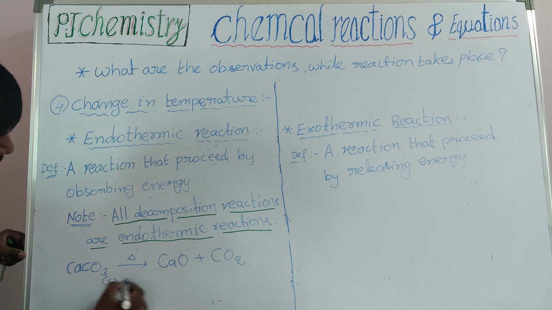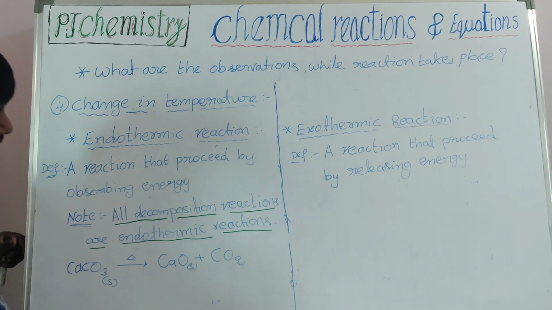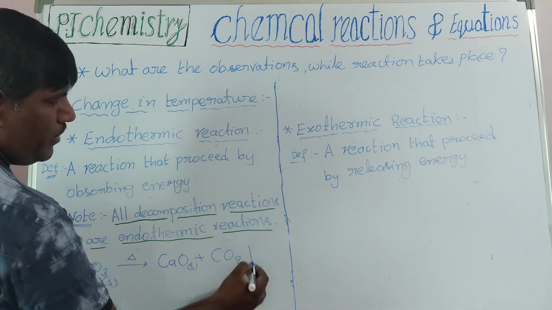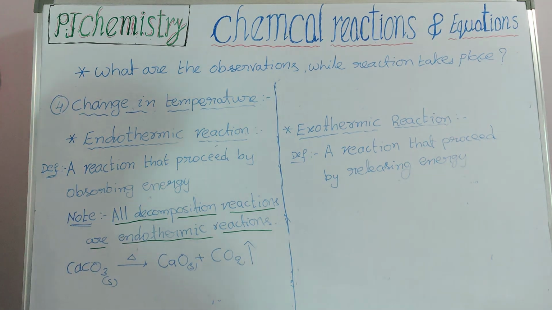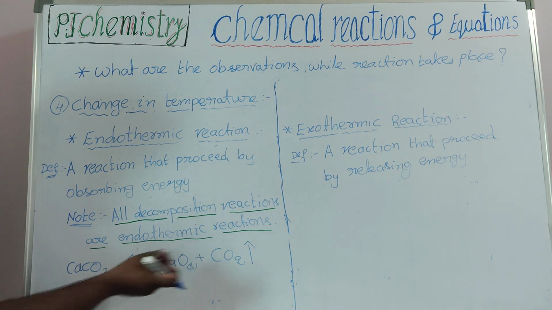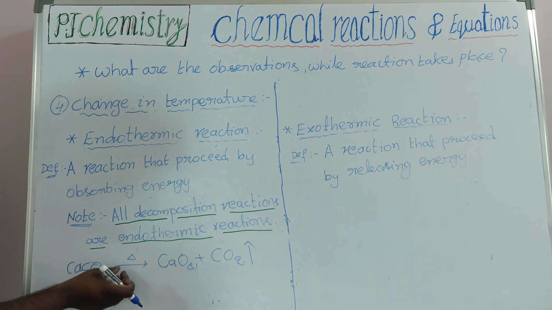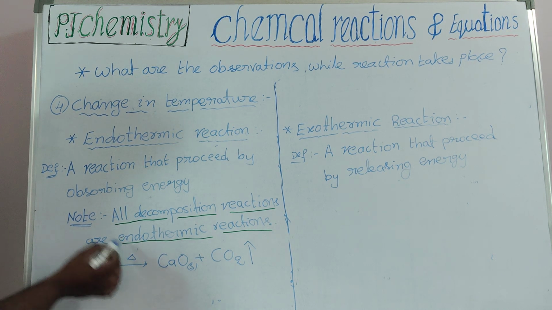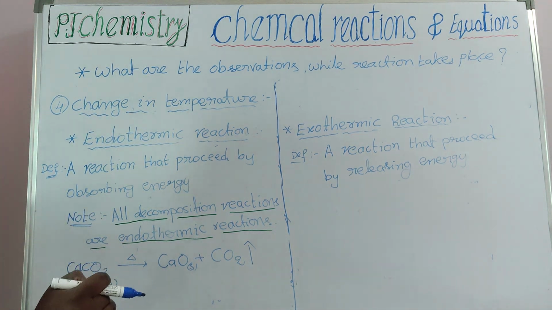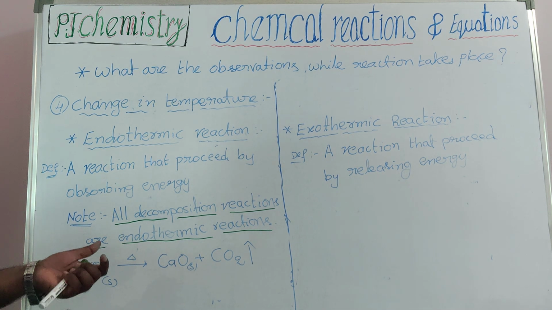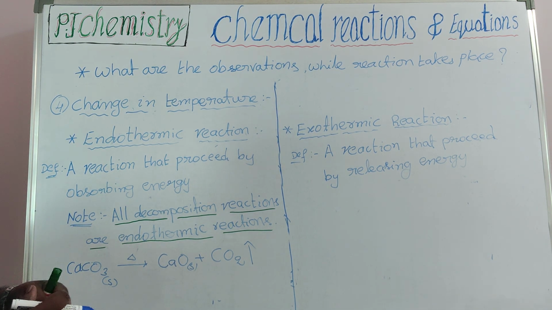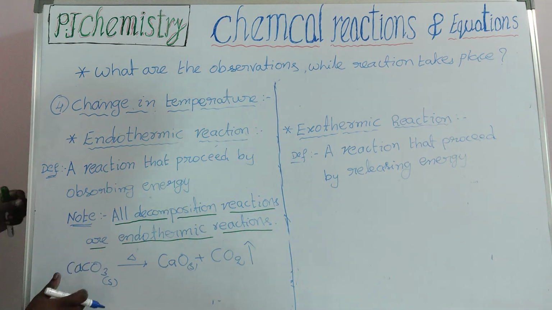Calcium carbonate is in solid state, with flame it gives calcium oxide and carbon dioxide. These products are formed by absorbing heat energy. The delta symbol represents heat energy being absorbed.